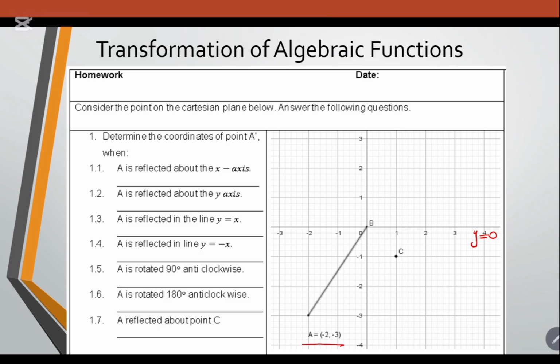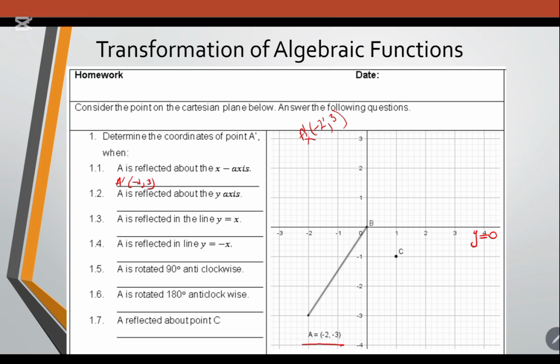So let's look at that. It is negative 2 and 3. When we reflect about the x-axis, this point will go 1, 2, 3 points down from the point of reflection, 1, 2, 3. So the point will be here. So the coordinate of A prime is negative 2 and negative 3.